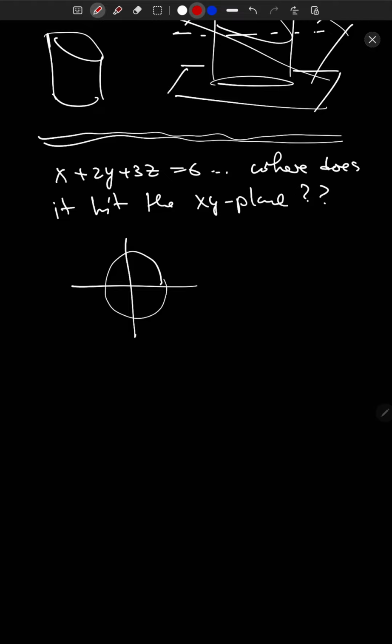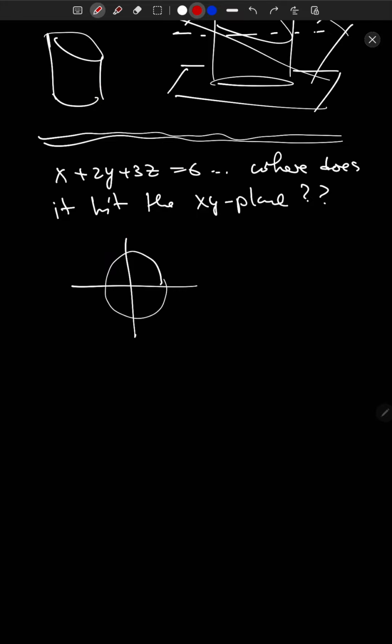If our plane x plus 2y plus 3z hits the xy plane something like that, then again, like we said, our region of integration is going to be something like this. However, if it doesn't touch the circle, like that, then we'll have a picture like the one above.